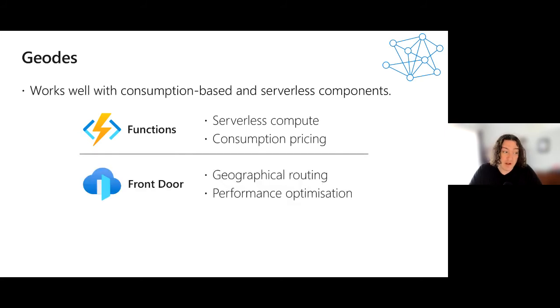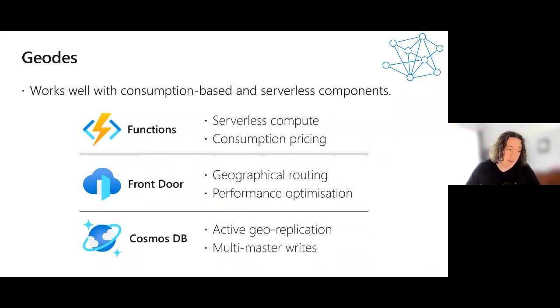We've already talked about Front Door, which is used for that geographical and performance routing, and also to get all of those benefits we previously talked about, split TCP and routing traffic across our backbone. And of course, Cosmos DB is giving us a fully cloud-native database with active geo-replication, multi-master writes, and it also has a change feed, which can be a really nice way of doing event-driven architectures on top of a geode kind of pattern. It's also getting a serverless pricing tier, which is very convenient if you're thinking about this kind of architecture as well.